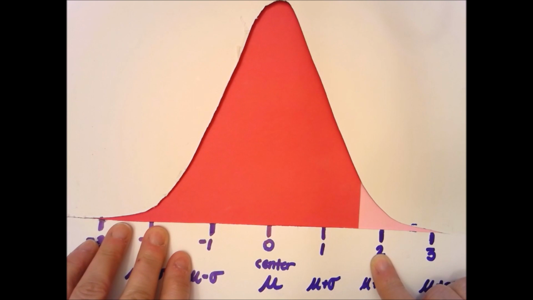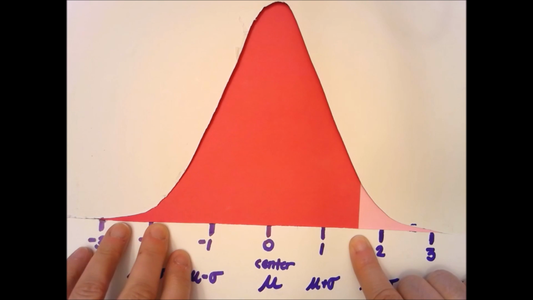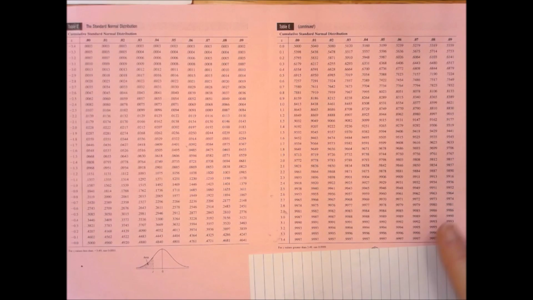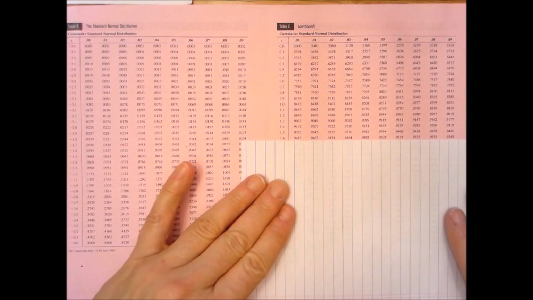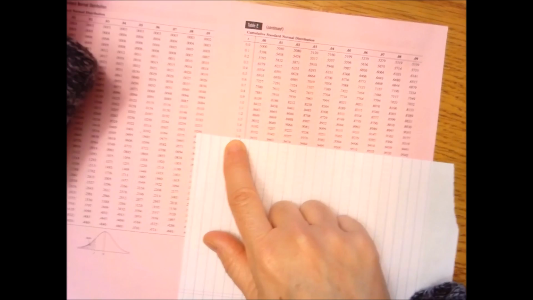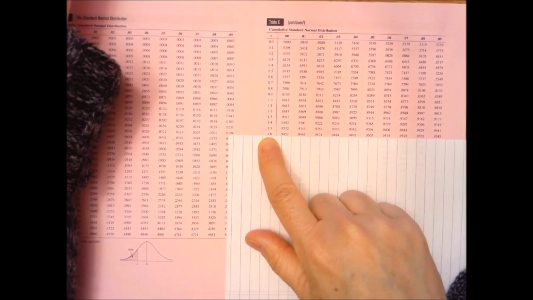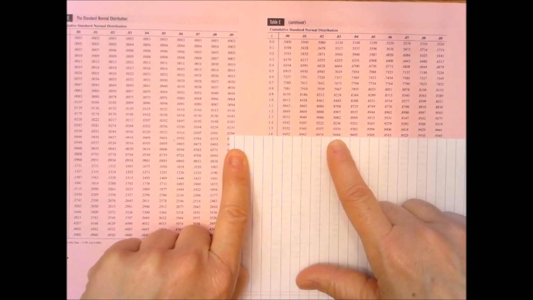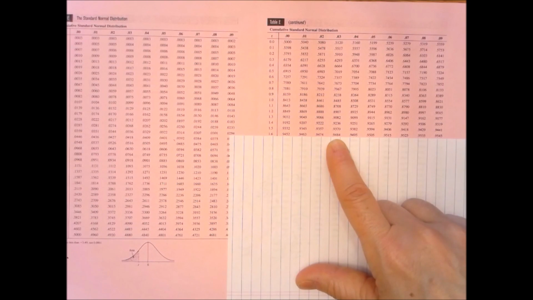I just made that up. When I look up on the table, I'm looking up the red region, 1.63. I look in the row 1.6, and go under the 0.03 column, and I get 0.9484.